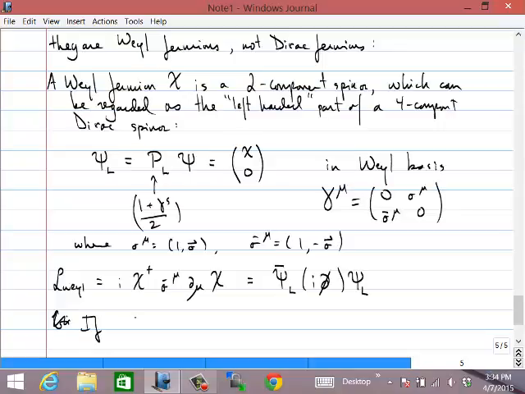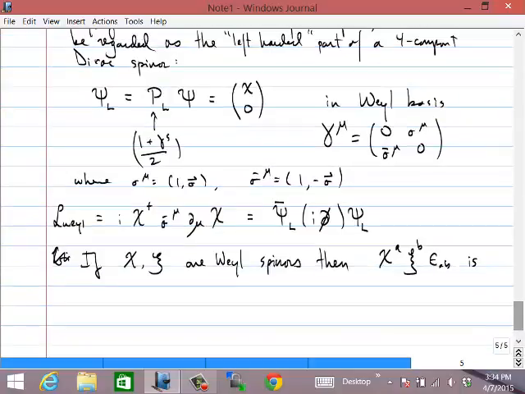If you have two Weyl spinors, let me not call that phi, I gave that name to the Higgs, then there's one scalar bilinear you can write, which is chi A psi B epsilon AB.